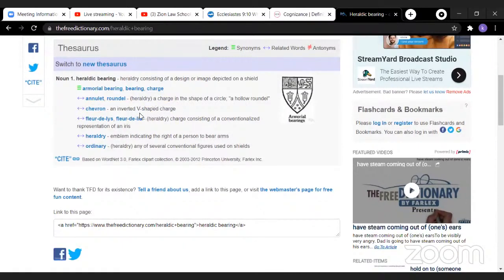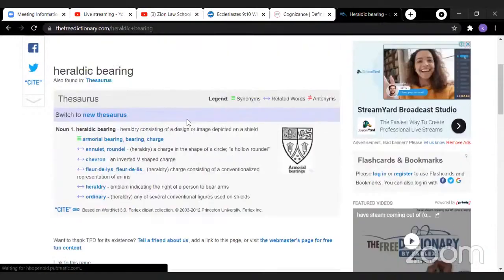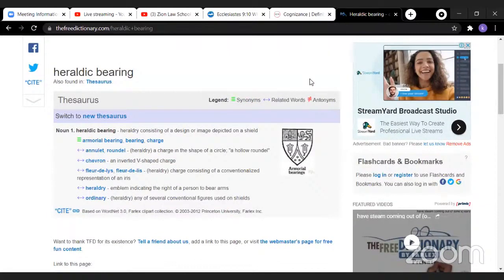If you see a circle or an inverted V, like right here, that's called a chevron. Fleur-de-lis, a charge consisting of a conventional representation of an iris. So where's the part about nobility? The noble families had a shield, right? And we see these prominently amongst Moors, don't we? Yes.